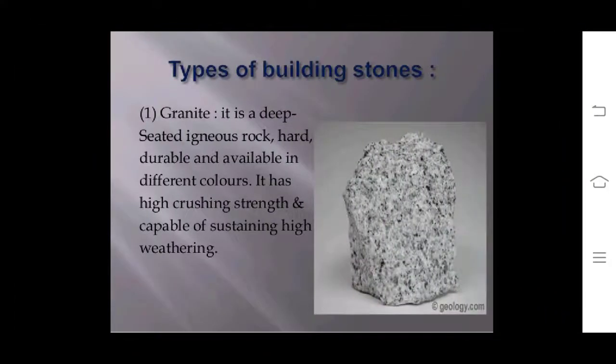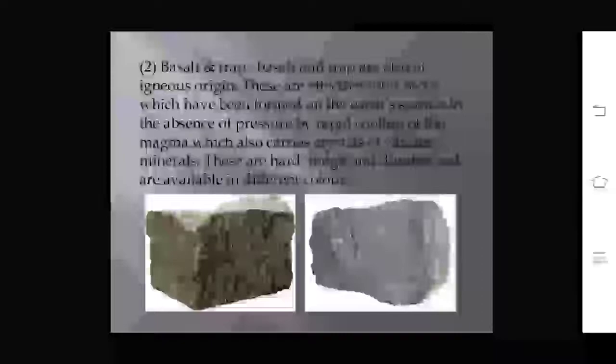There are various types of building stones, like granite. It is cheap, a deep seated igneous rock, hard, durable, and available in different colors. It has high crushing strength and is capable of sustaining high weathering effects. Basalt and trap. Basalt and trap are also of igneous origin.